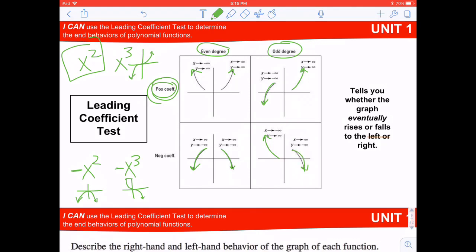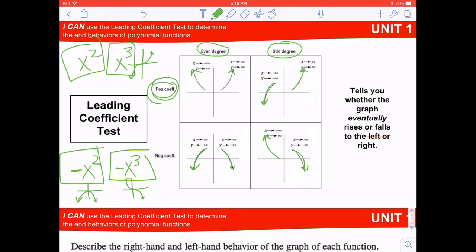So that's just my little tip here. If you ever forget the leading coefficient test, just check x squared and x cubed, because we know x squared is an even degree and x cubed is an odd degree, and then see what those look like and how those change when we put a negative in front.